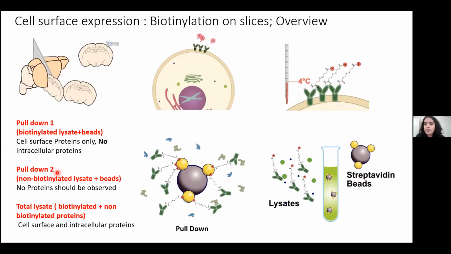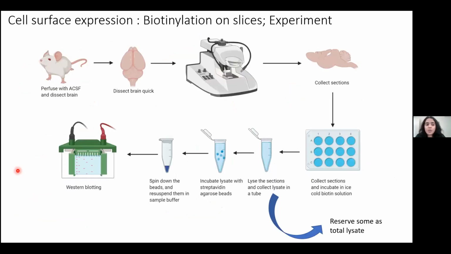And when we run that lysate with beads, we shouldn't expect any proteins because we didn't biotinylate the tissue. The third is we keep some total lysate aside, not pull down with the beads, but the whole lysate that includes the cell surface biotinylated proteins and intracellular proteins. That's our positive control.